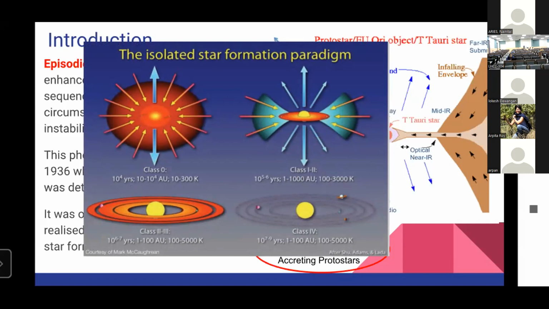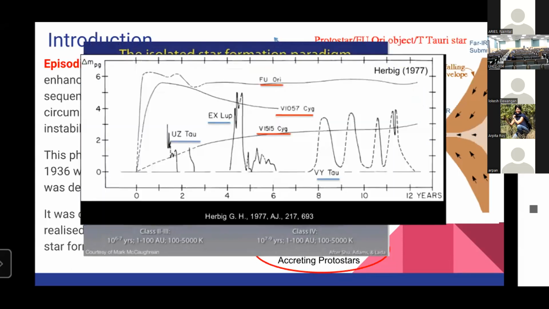As more and more of this kind of source were discovered, based on the outburst amplitude and the duration of their outbursts, they were categorized into two broad classes.